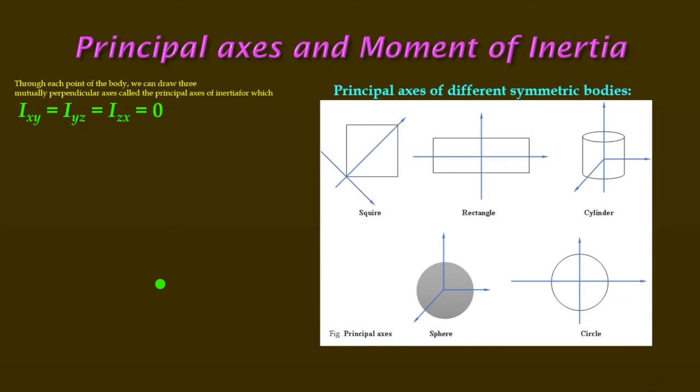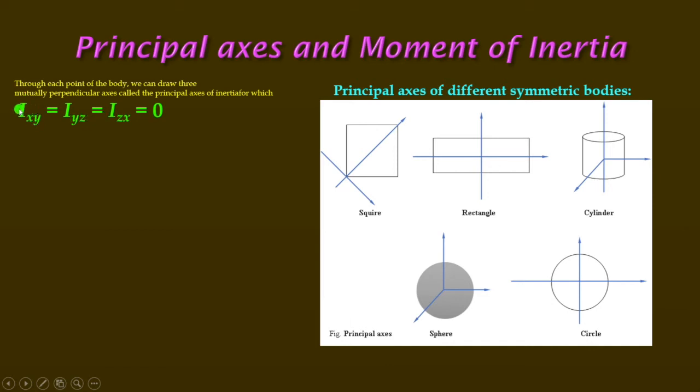Now we are going to discuss the principal axis. So what is the principal axis? Already you have studied. There are 9 components of the inertia tensor I. Now we can get an axis of rotation so that the products of inertia Ixy, Iyz and Izx are equal to 0.